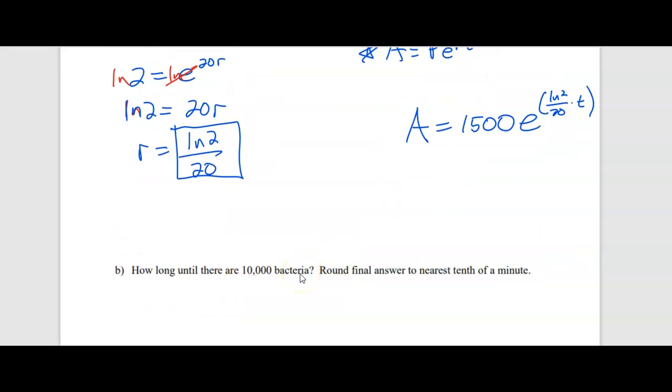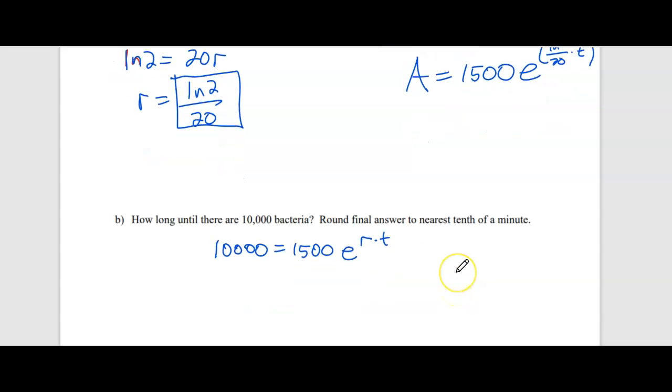How long until there are 10,000 bacteria? Starting with 1500. With this, and I'll just use R. I know what R is, and I'll use that when I get my final calculation, but I don't want to keep writing it when I can just write R with an R equals already known. Same basic steps. Solve for T. Get rid of the coefficient.